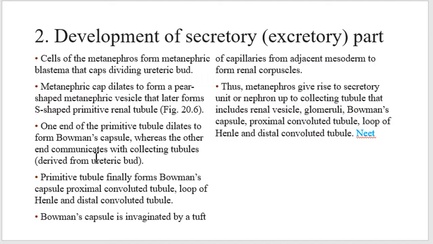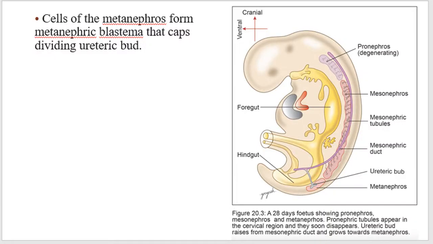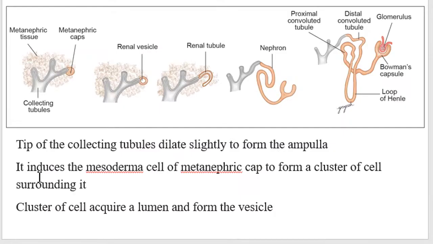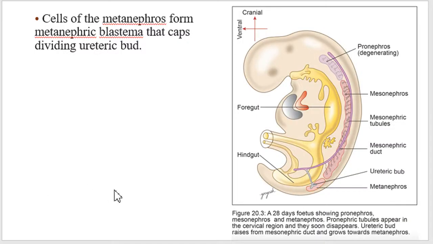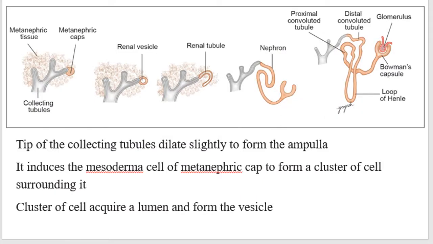Development of the secretory part. The secretory part develops from the metanephric blastema that is kept around the ureteric bud.